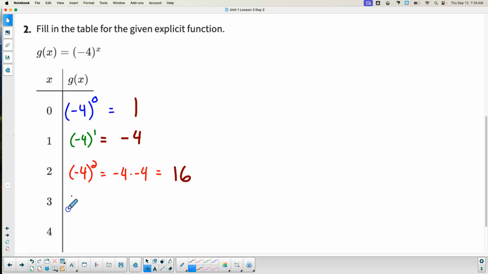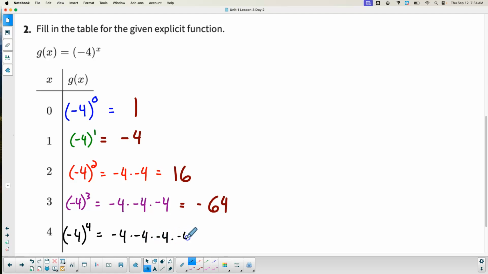This one is going to be negative 4 to the third power, which is negative 4 times negative 4 times negative 4, which is going to be negative 64. And then this last one is going to be negative 4 to the fourth power, which is 256.